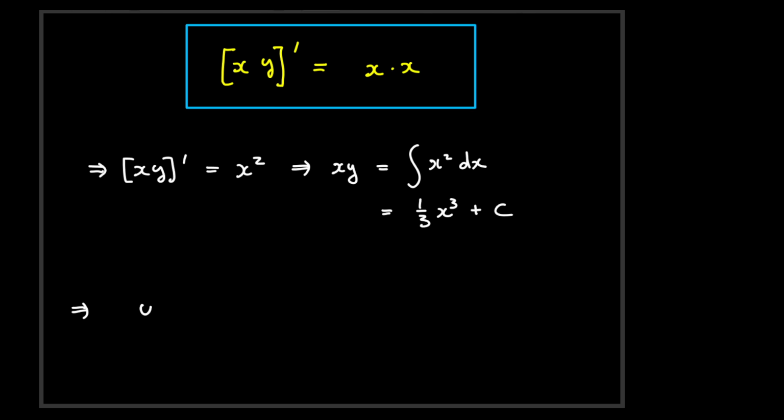So we can solve for y, which is just equal to this entire expression divided by x. And so what we get is x squared over 3 plus c over x. So every solution to our equation will be of this form here.